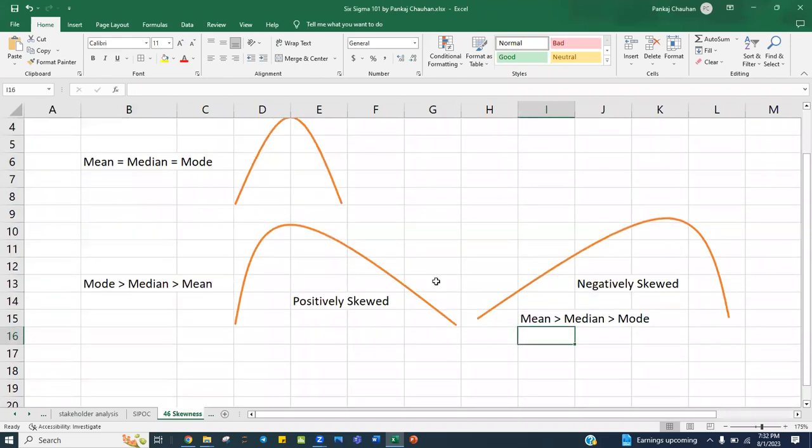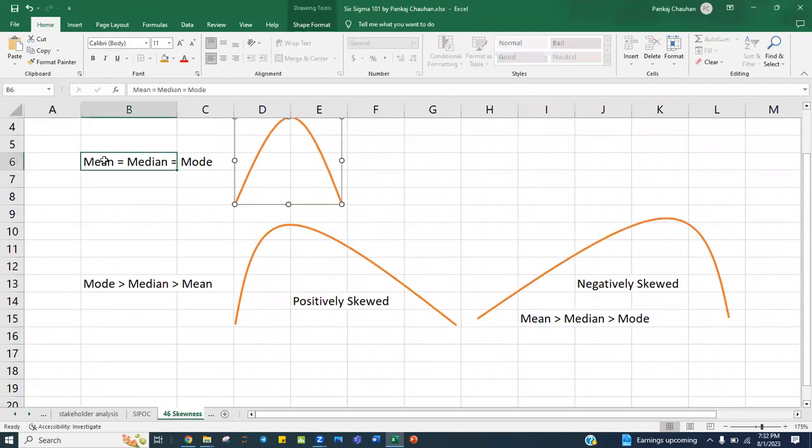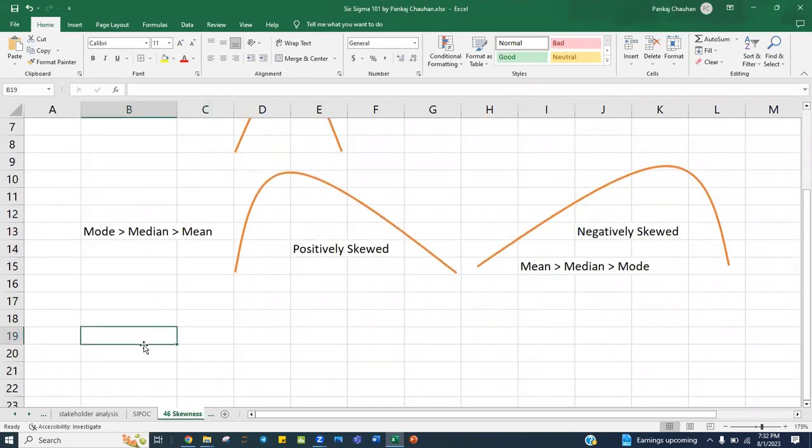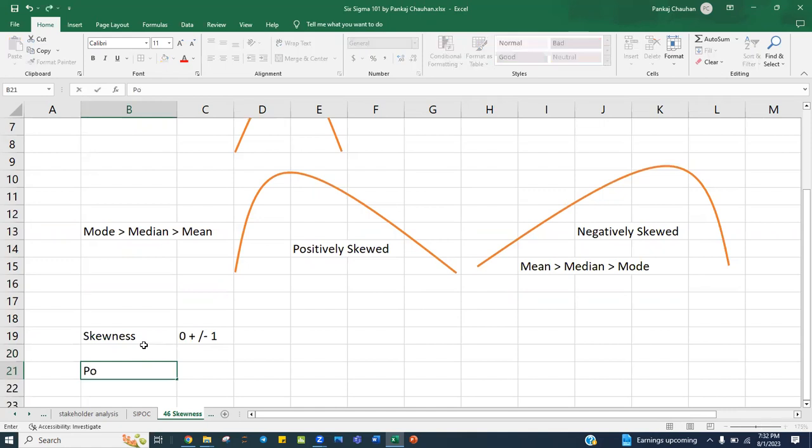To check statistically, what is expected from a normal distribution is that the mean, median and mode are the same. If you calculate skewness statistically and the skewness value is between 0 plus or minus 1, then we'll say this is normal data. There is significant skewness in the data, significantly positively skewed, when the skewness of the data is greater than 1.